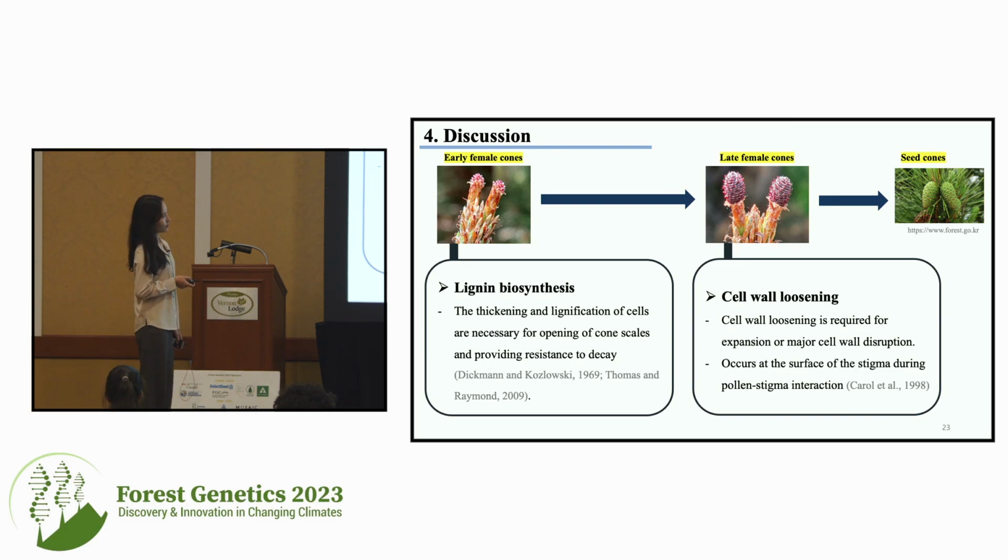Cell wall loosening is required for expansion or major cell wall disruption. And it is reported that cell wall loosening of the mature pollen grains occurs at the surface of the stigma during pollen-stigma interaction. Through these processes, the female cones eventually become seed cones.